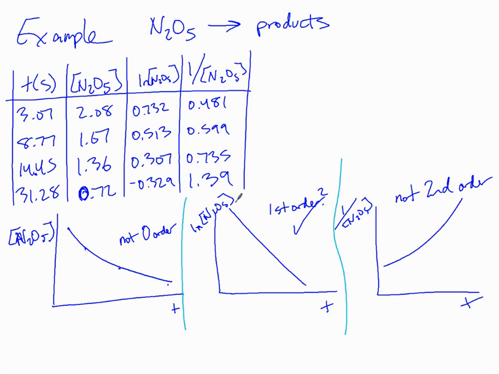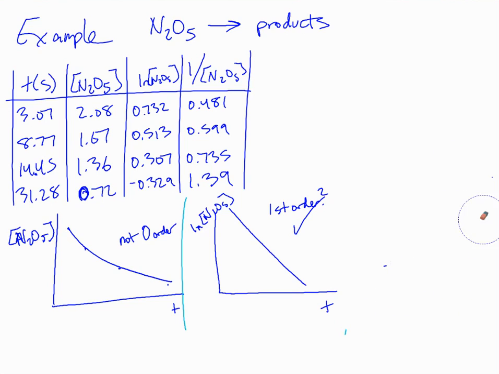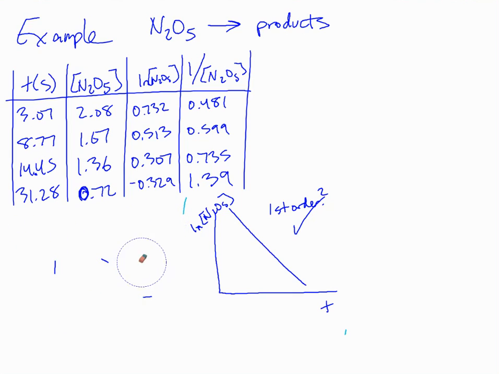So the next question says, write the rate law and integrated rate law for this reaction. So let me duplicate this page and I'll erase some stuff. I'm going to erase this one because I know it's not second order, I know it's not zero order.